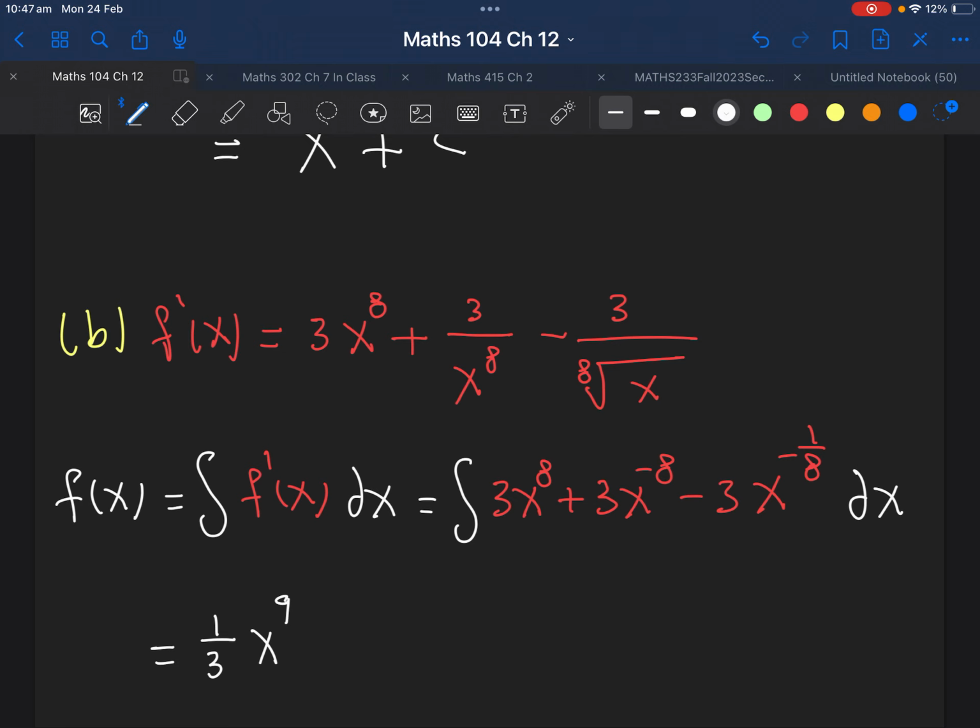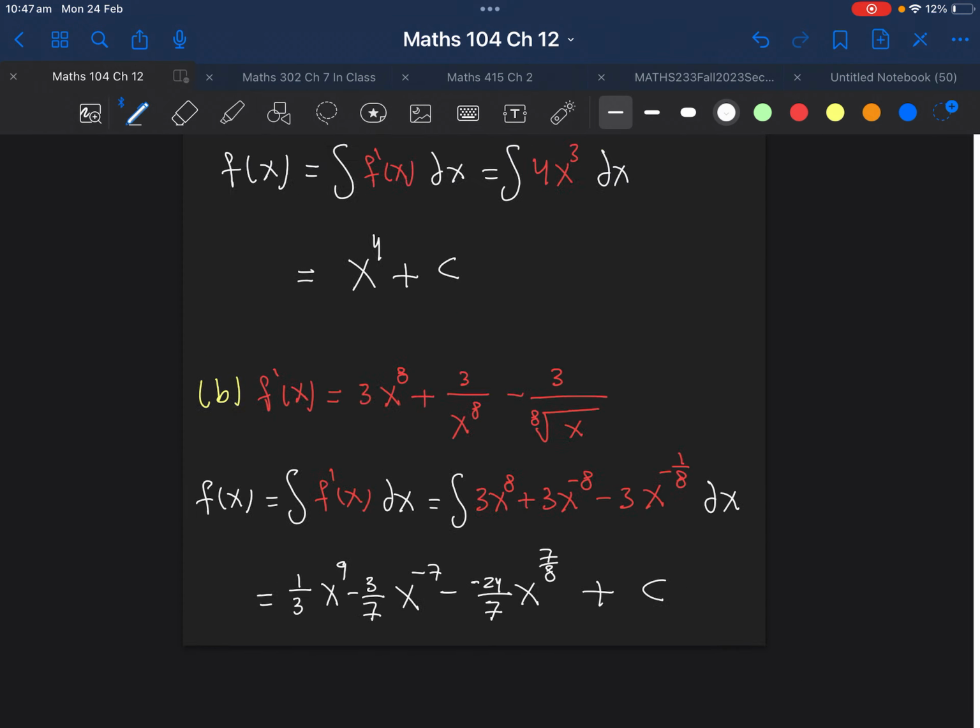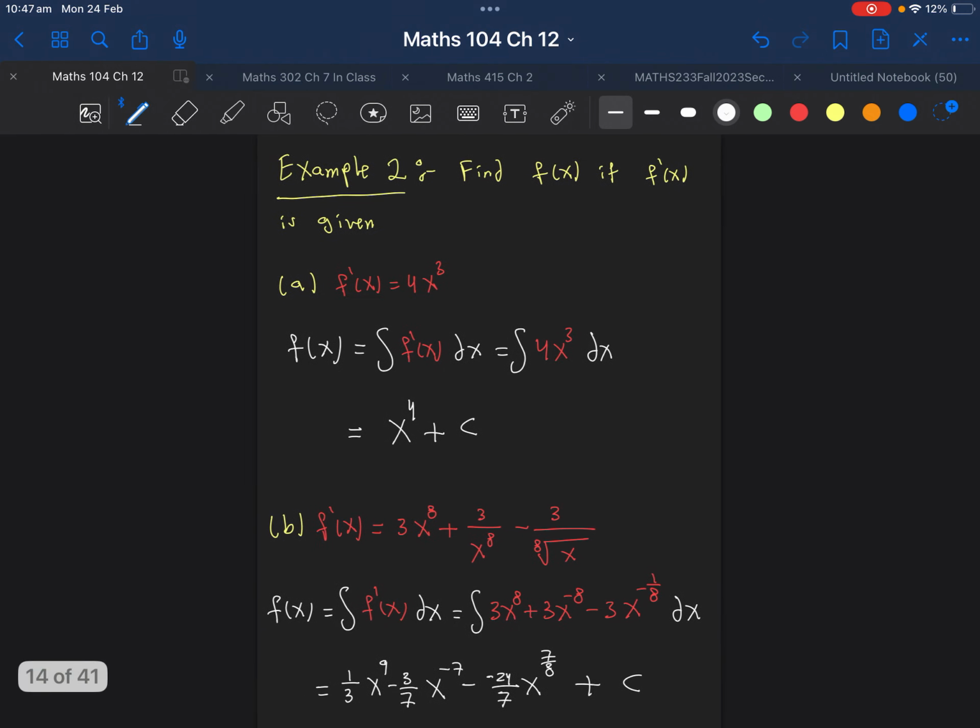And then we will have x power 7. Finally, if we add 1, this will be 7 over 8. If we divide negative 3, it will be just negative 24 over 7 plus c. And that's how we find the function if I have the derivative.